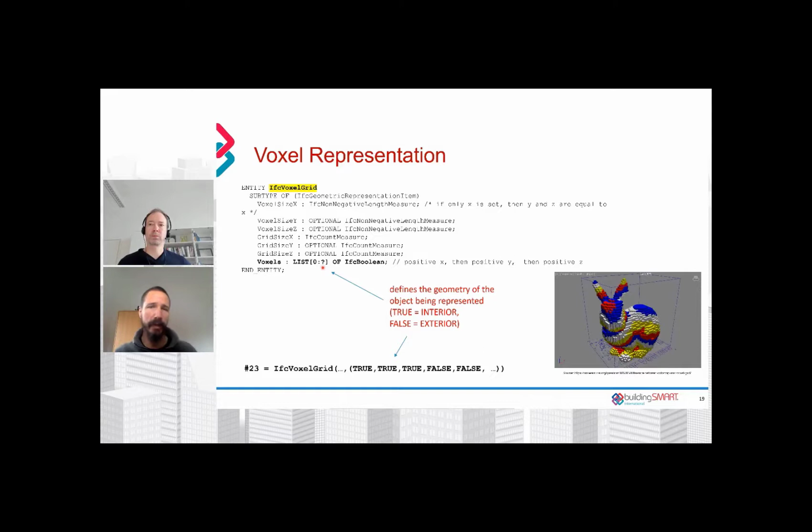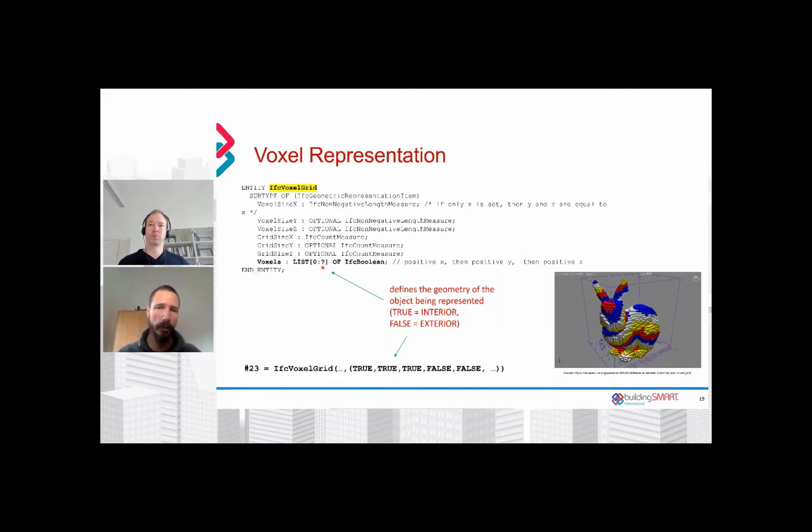And since we have a fixed size with X, Y, and Z being fixed in size, we can easily identify to which grid location these booleans are assigned. And as you see below, that would be the idea of how this is assigned.